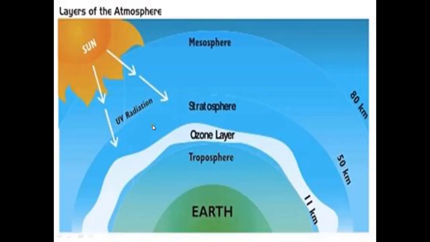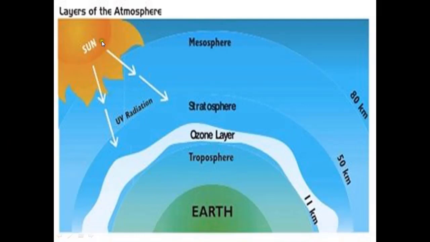The Earth's atmosphere contains a layer called the ozone layer. The ozone layer in the Earth's atmosphere is made of a special form of oxygen gas. There are different layers, the troposphere, the ozone layer, then the stratosphere and mesosphere, which we have studied in our past lesson.